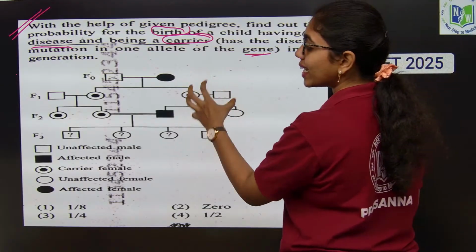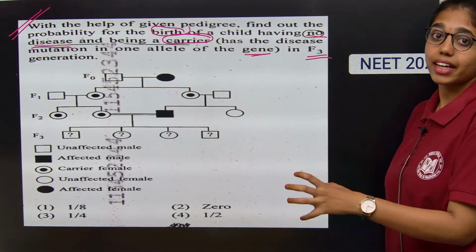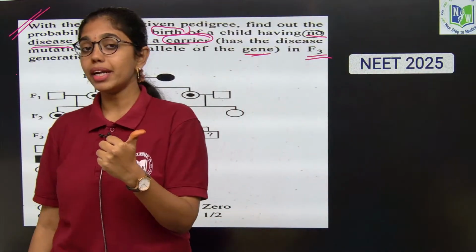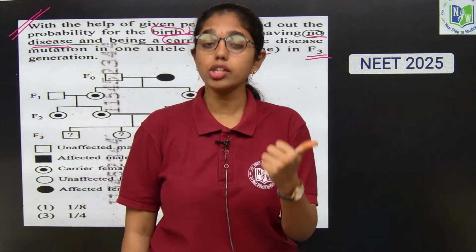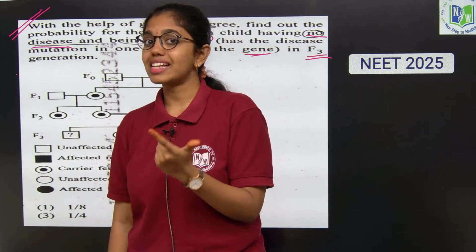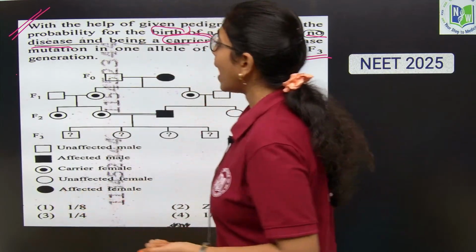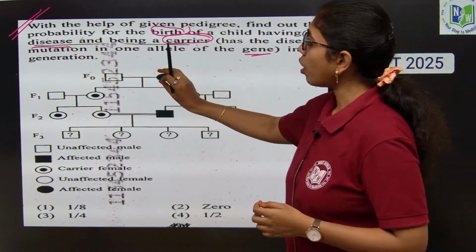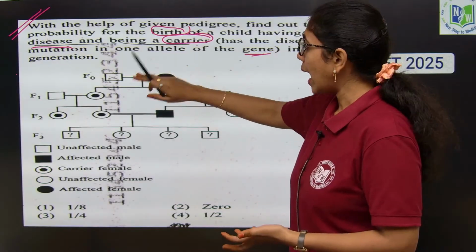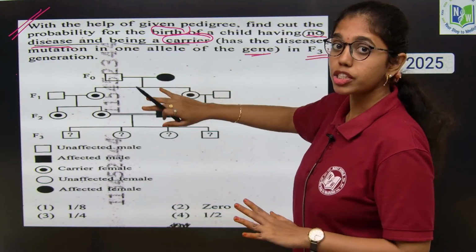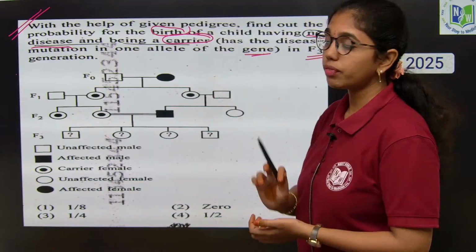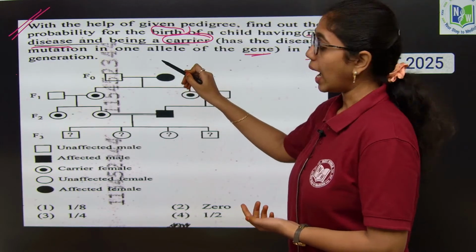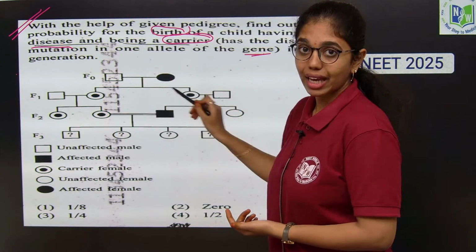First, looking at the pedigree only, there are key characteristic features to identify whether it is an autosomal dominant or autosomal recessive disease, or X-linked dominant or X-linked recessive disease. In X-linked recessive disease, you can identify any one of the parents if it is affected, and in the offsprings if you do not find the disease, then it will be X-linked recessive, and affected female and unaffected male will give rise to carrier females.